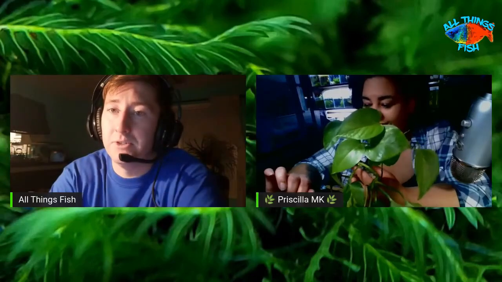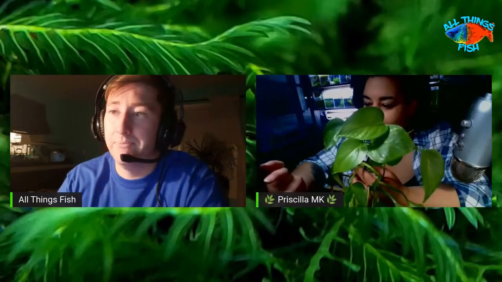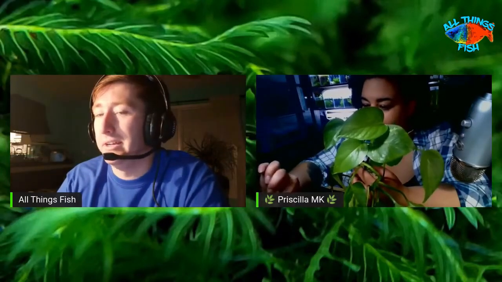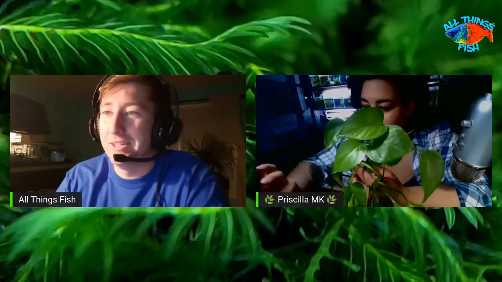And that holds a lot of those nutrients. So while we're not fertilizing the tank, we are putting nutrients in a nutrient-rich substrate in the tank for those plants to feed on. Some people, obviously, over time, the plants will consume the nutrients in that substrate.